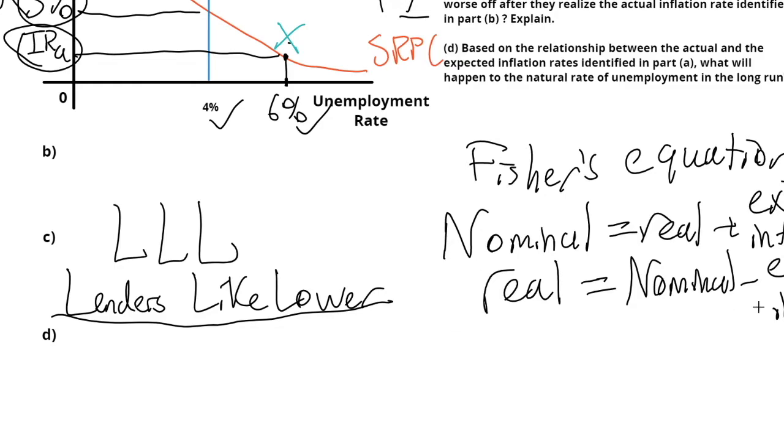While if this is smaller, then you're subtracting a smaller number, so your real interest rates will be larger. So if expected inflation is larger, then the lender will receive less real. But if it is smaller, then they'll receive more. And in general, there's a great Khan Academy article on this that I'll link below in the description that explains it a lot better. And if you're cramming, just remember LLL.